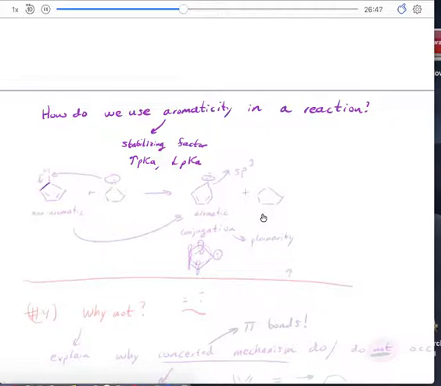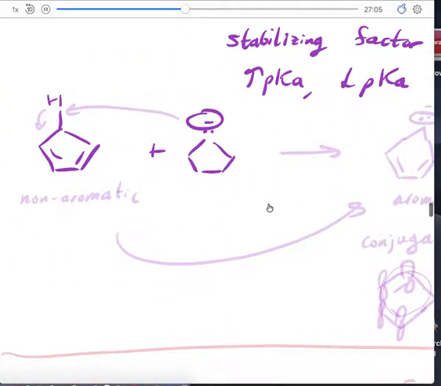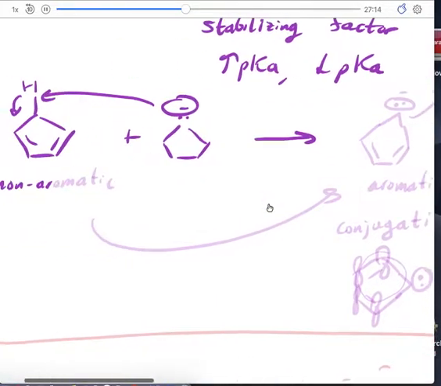On your modeling assignment, you actually saw a really great example of this. This is probably a hard problem, but oh well. We'll take the hydrogen. What happens with this system? This beforehand was non-aromatic.